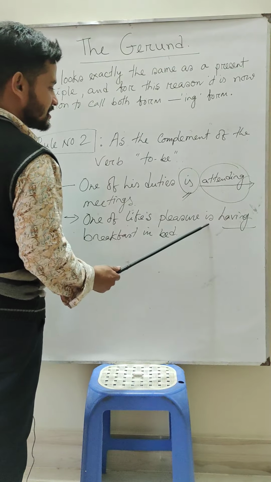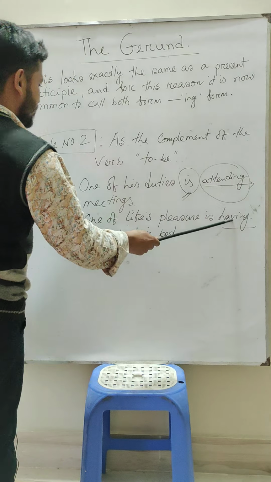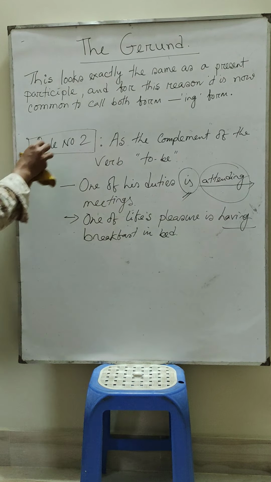Here the verb to be is is and the complement is having. Here we use the gerund form. Next to our rule number 3.